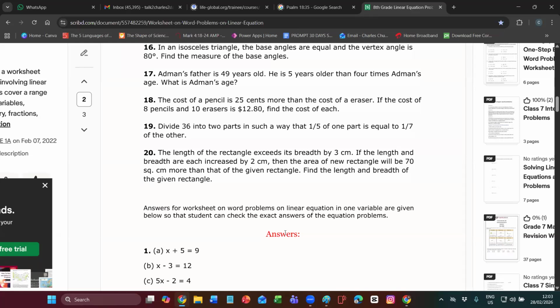Since if one part is x, the other part is y. Can we do it like that? 1/5 of one part is equal to 1/7 of the other. Okay, all right. Let's do that. Let's see what we come up with. It looks like another simultaneous equation.